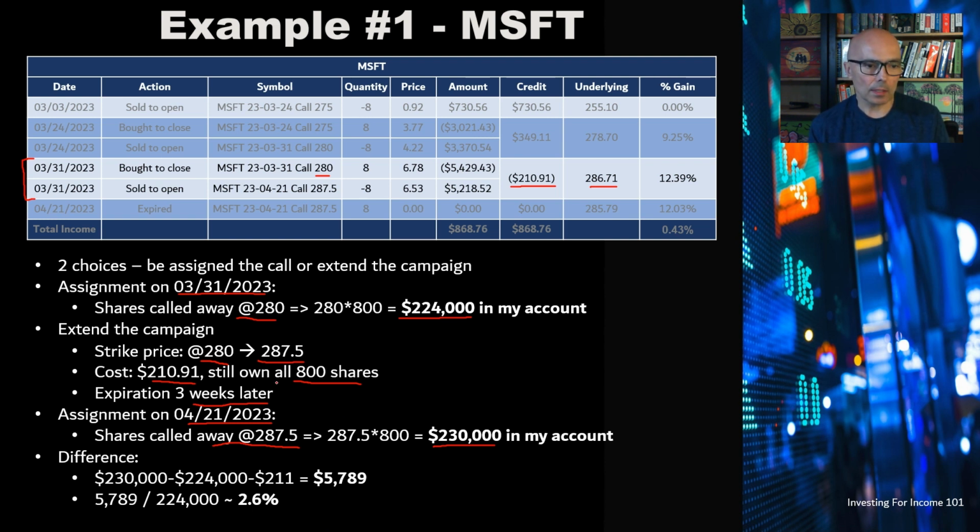So the difference, if I also add the money that I needed to pay for the roll, would be almost $5,800. Percentage wise, considering how much money is tied in Microsoft, it would be about a 2.6% gain.